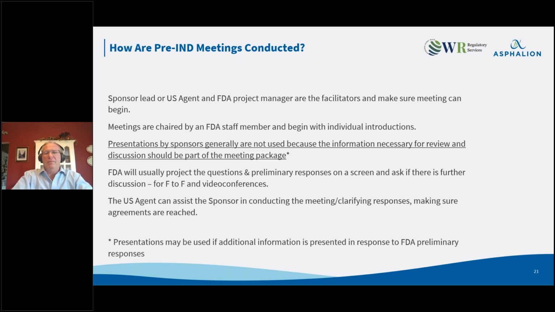And then the meeting starts formally. The meeting is chaired by an FDA staff member, and that could be a division director, an acting director, deputy director, or a division head, depending on who's available and what the meeting discussion is going to be about, right?